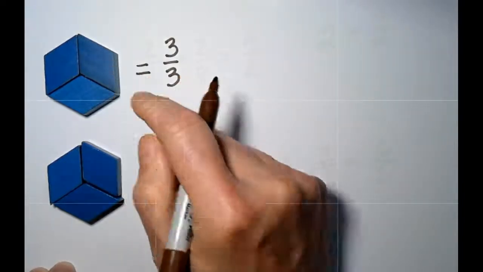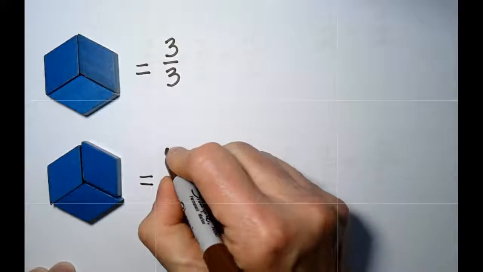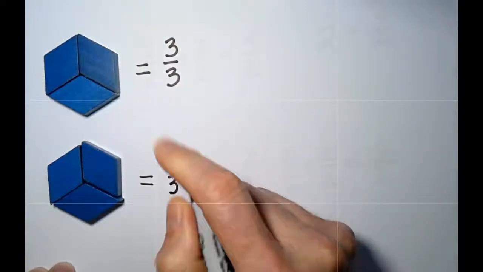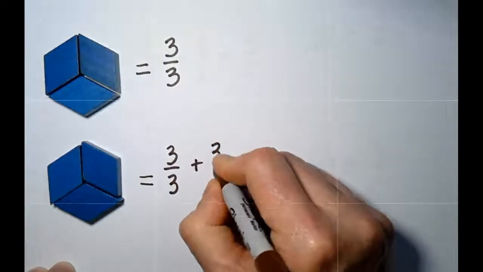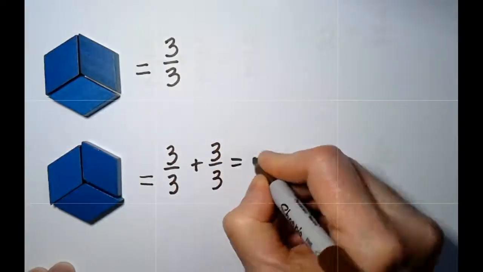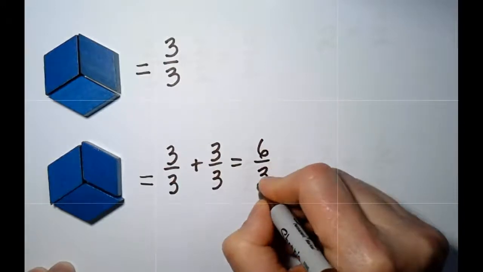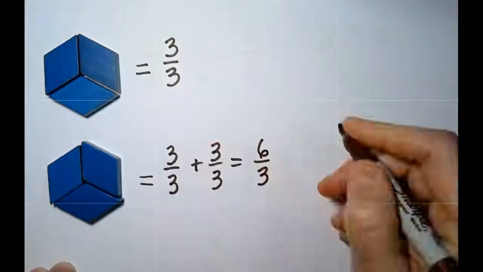So now we are going to make this total equal to 3/3 for one of them, plus 3/3 for the other, which now gives me 6/3. And that is equal to 2.